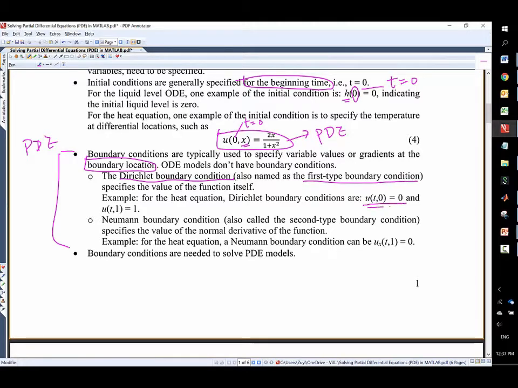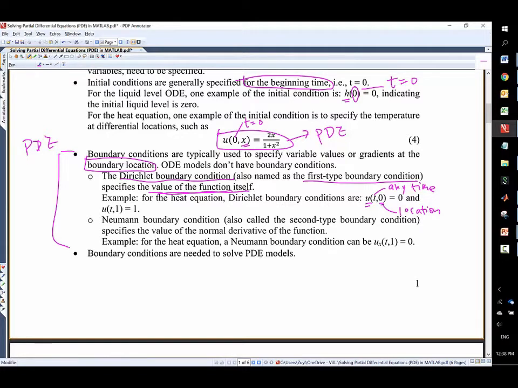The first type condition is typically the variable's value. So here t means anytime, so for any time t and at the location 0, u equals 0. So this is the value of the variable. This is the first type of boundary condition.